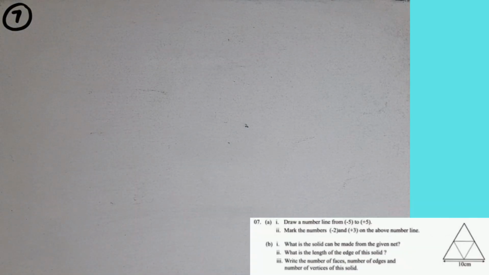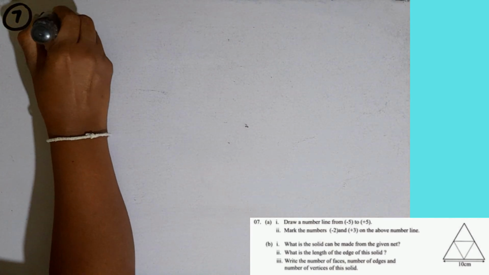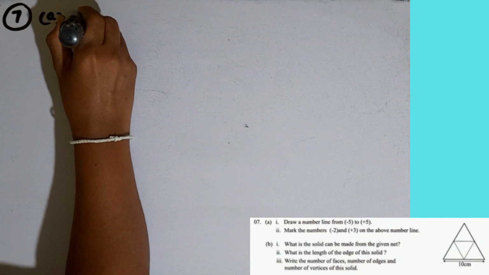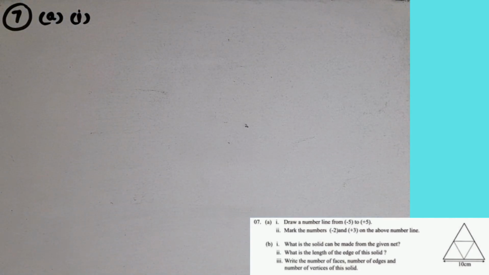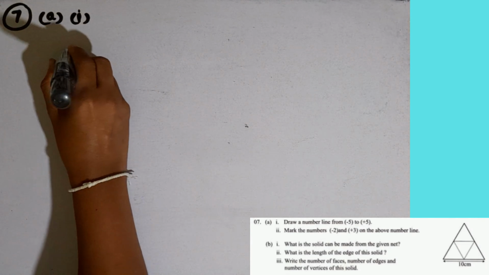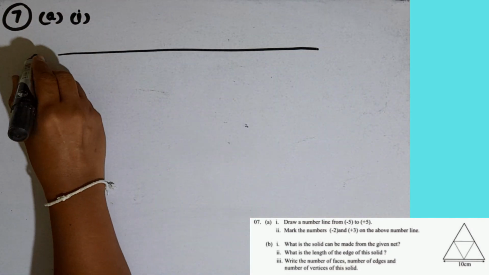Question number 7. A part. First part. Draw a number line from -5 to +5. I will draw a number line from -5 to +5 like this.